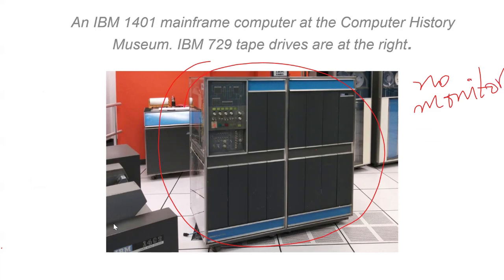Whatever you have to do, you will be doing over here, feeding the data into it. The tapes that you are seeing over here, I talked about the magnetic tapes and all. These are the storage that you can see. Even here, the computer is room size, but not so big as in the first generation computer.